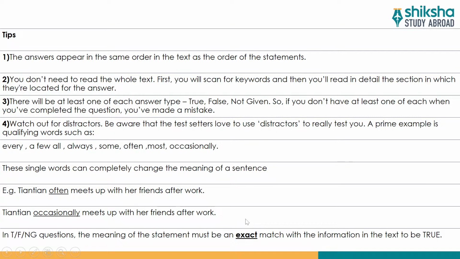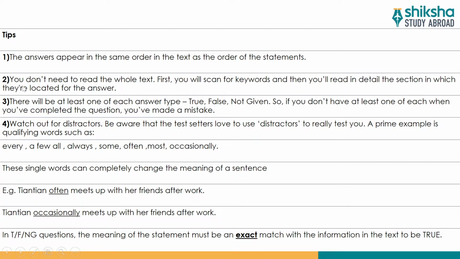Okay. All right. Coming to the tips now. What are the tips? Let's go through them one by one quickly. The answers will appear in the same order in the text as the order of the statements, so you don't need to read the whole text. First, you will scan for keywords, and then you will read in detail the section in which they are located for the answer.